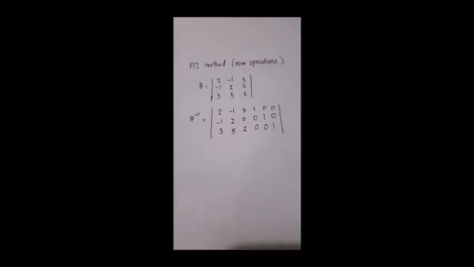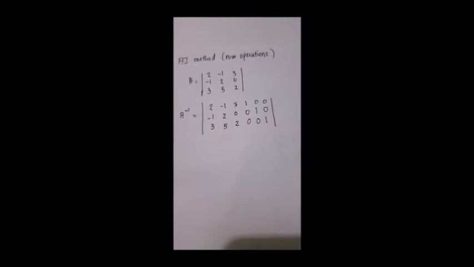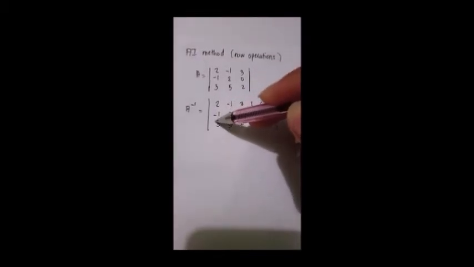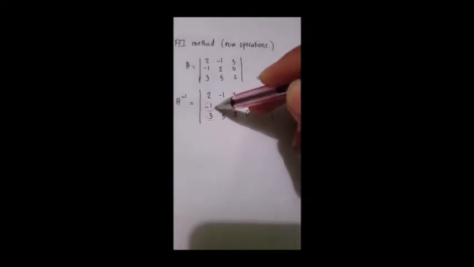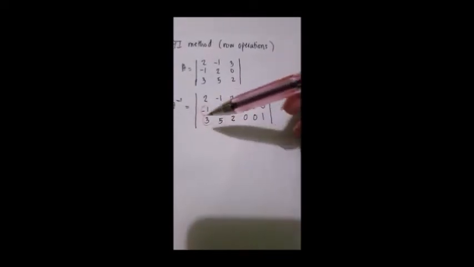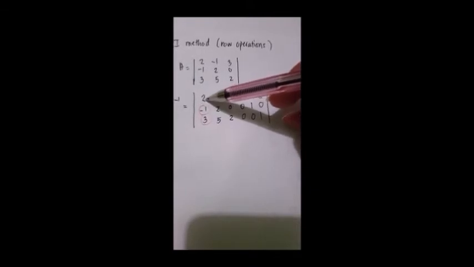Okay. So, ang una nating i-transform into 0 ay yung mga numbers na to. Ayan. We have the -1 and 3. Ito yung mga pivot numbers natin. So, dito tayo magbe-base. So, for this column, magbe-base tayo sa row 1.